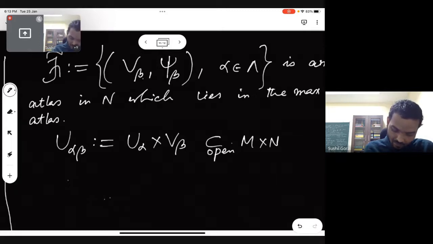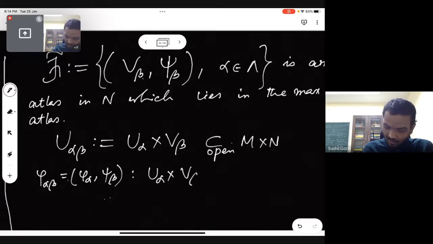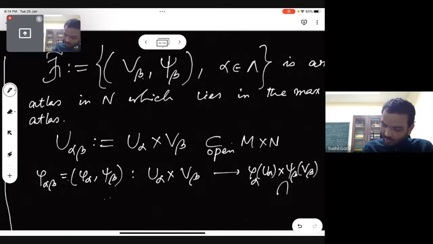And the map phi alpha beta, this is phi alpha comma psi beta, is a map from U alpha cross V beta to the open subset phi alpha of U alpha cross psi beta of V beta, which lies in R to the m plus n.